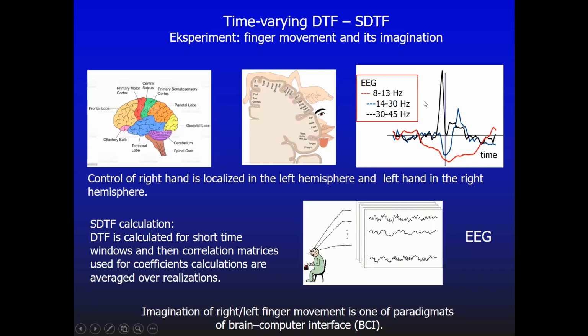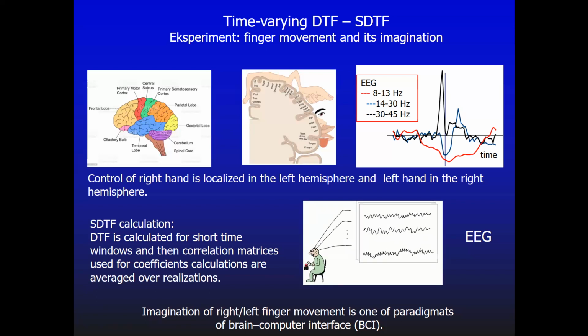But DTF has one advantage because it is based on the phase difference between signals. And volume conduction is the propagation of an electromagnetic field, which propagates with zero delay. So in a way, we can say that DTF is not affected by volume conduction.